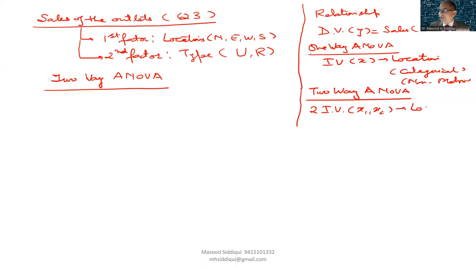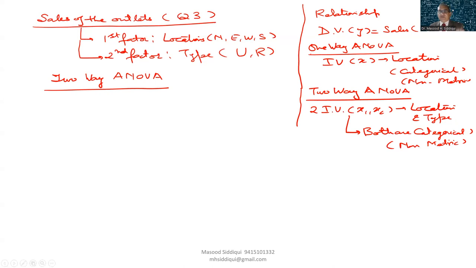They are location and the other one, type. Both are categorical, both are non-metric. So two-way ANOVA is a study of relationship where the dependent variable remains metric and there are two independent variables, both non-metric or categorical.